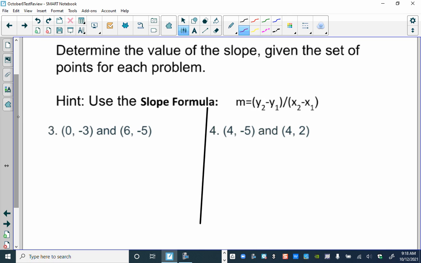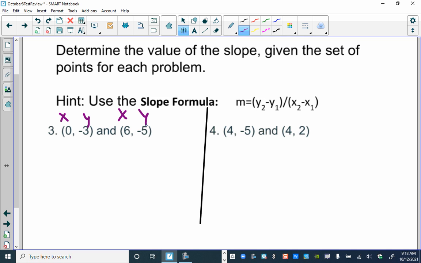All right. Here's what we're going to do. I think we're going to do the first problem. And the second one's going to be a little different. But first one. Label your points. Now we just can't label them XY, XY. Because then we're going to get confused when we set up a formula.